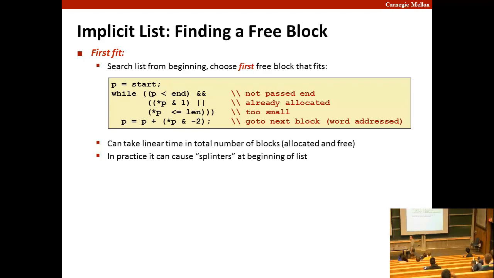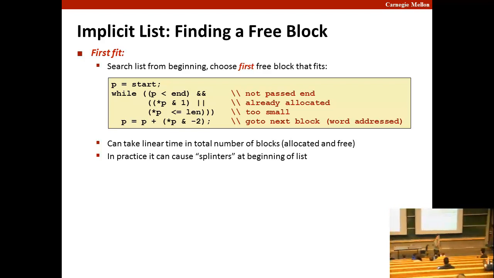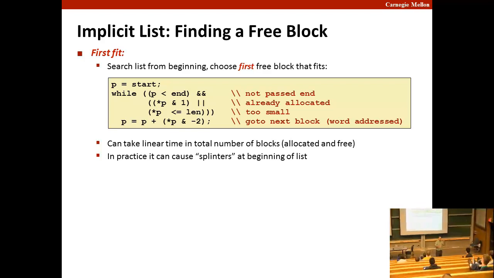Well, if I want to search for the best fit, the block that's closest in size without going under, since my list is ordered simply by the size pointer, which takes us through memory in address order, I would need to search the entire list. But then after I search the list, I'd find the smallest block that's not too small and use it. So I would return the smallest possible amount of memory to the list.